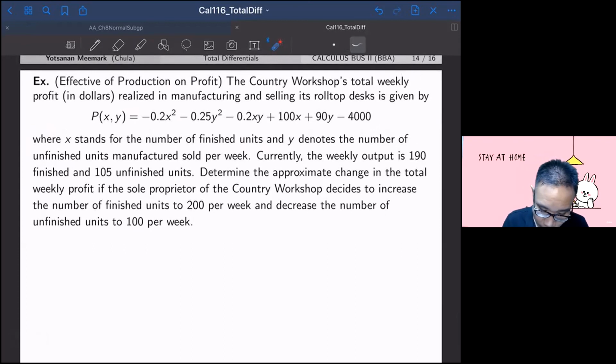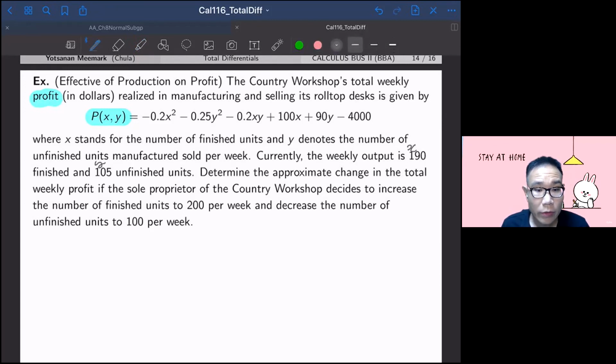This one stands for the profit function, and x stands for the number of finished and y for unfinished units manufactured and sold per week. Currently the weekly output is 190, so x equals 190 and y equals 105.